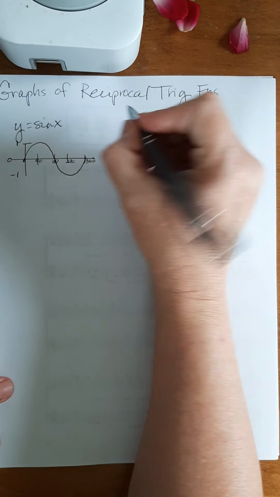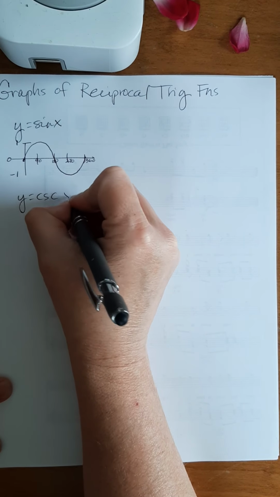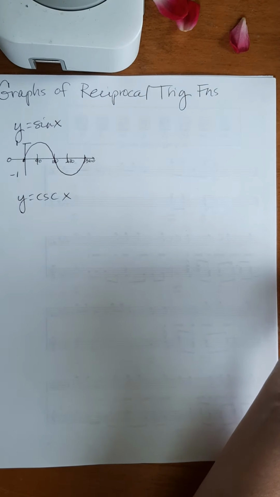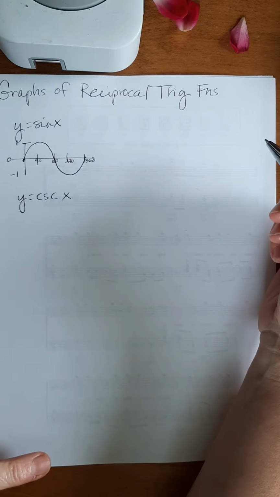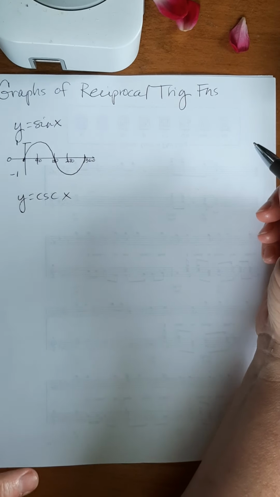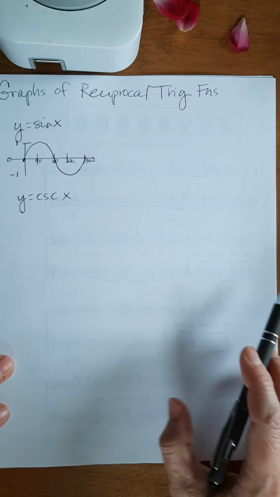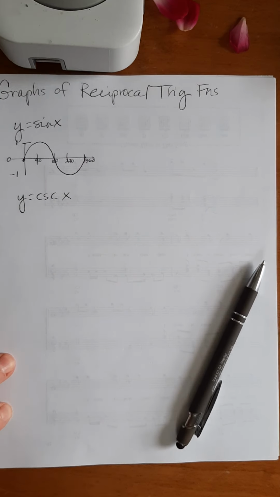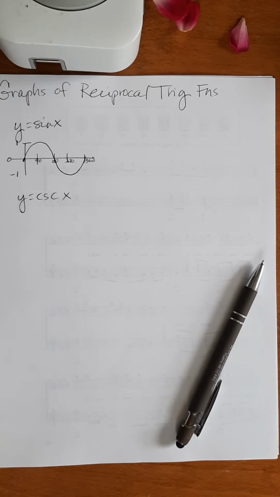Now, let's say if we didn't want sine, we wanted cosecant. Well, the way you graph reciprocal graphs is there's 2, if not 3 steps. The first one is wherever in the original there was a 0, now there's an asymptote, because if you flip a 0, you get an undefined.